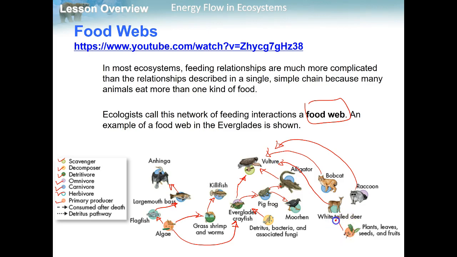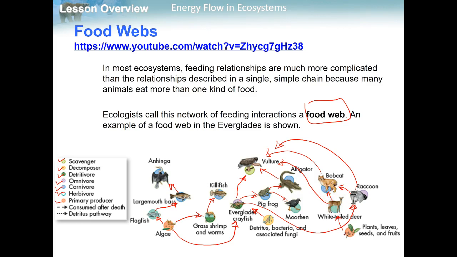The deer is going to eat the plants and the leaves and the seeds and the fruit. The raccoon is going to eat the crayfish. Do we see how it starts to overlap here? The bobcat is going to eat the raccoon. The bobcat can eat the deer.